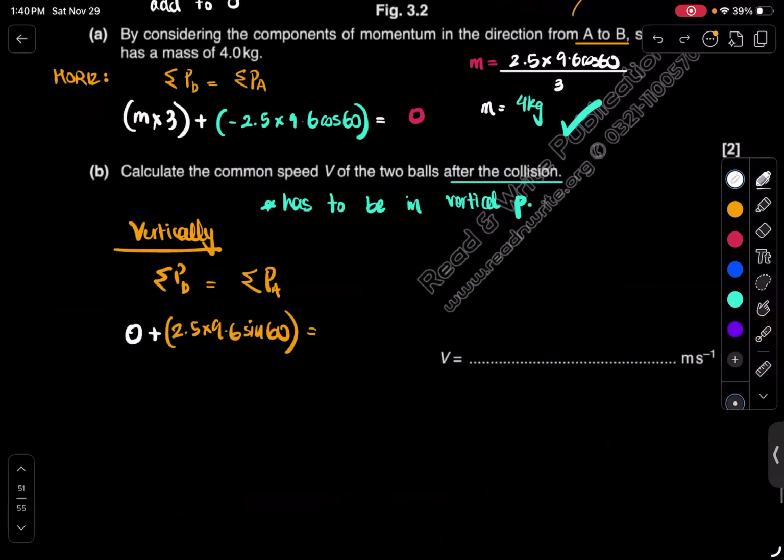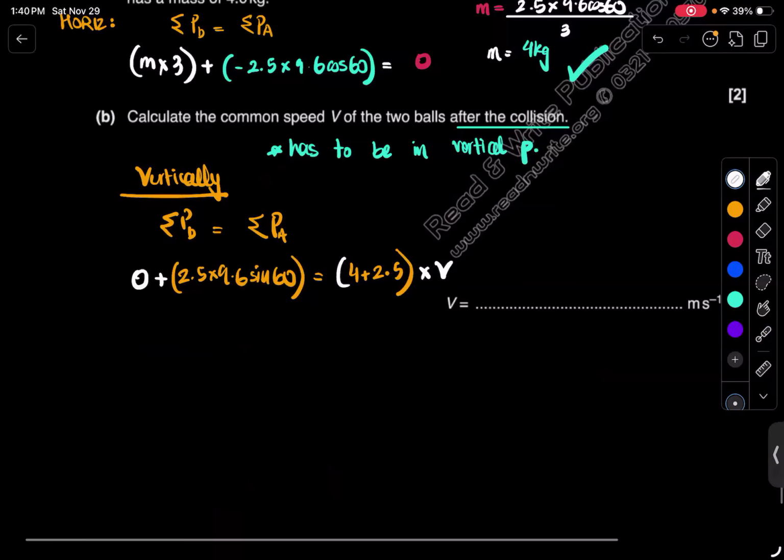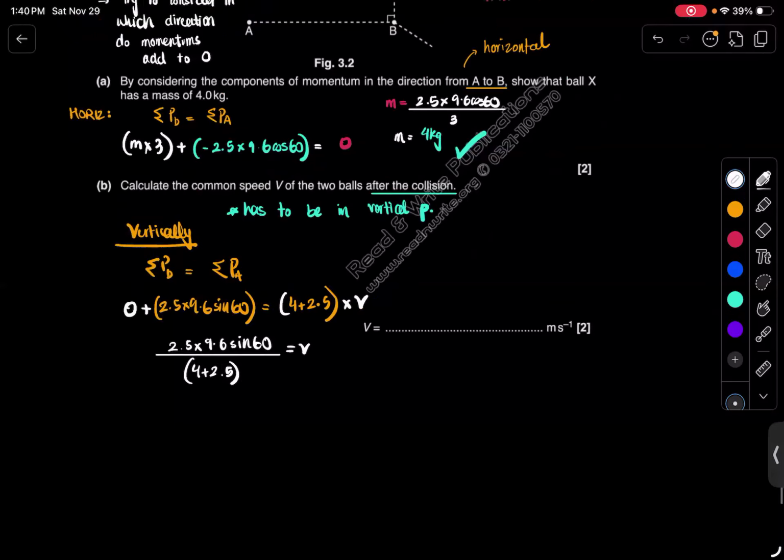So you can just consider them as one big object, m1 plus m2, 4 plus 2.5, multiplied by their velocity v. You can calculate v by using this formula: 2.5 into 9.6 sine 60 divided by 4 plus 2.5 equals v. And that's how you calculate v in this case.